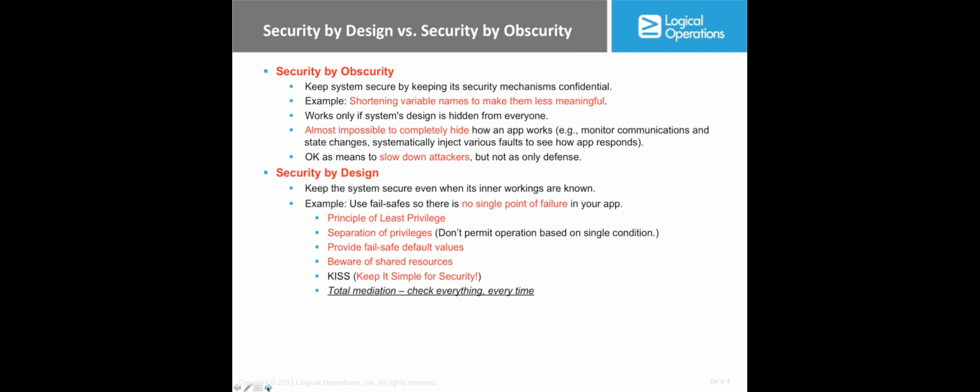Security through obscurity is simply making sure that you're keeping the system secure by not exposing all, right, and keeping the mechanisms confidential. Knowing that it's near impossible to completely hide everything that is going on throughout the application or the ecosystem, we do want to add speed bumps.